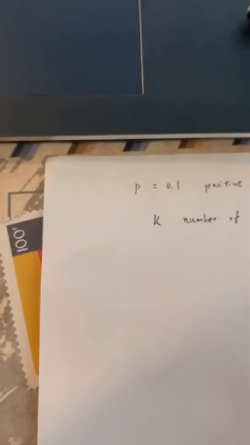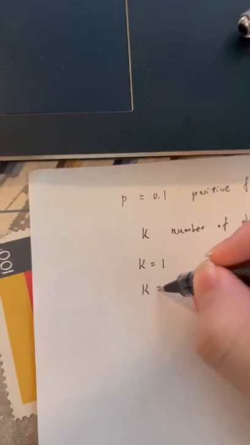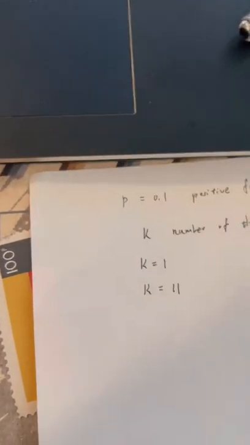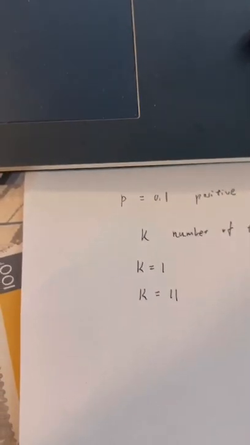So let's find out what K can be. It actually can be just two numbers. First, K can be 1, and second, K can be 11. These are the only two numbers that K can be. K cannot be other numbers.